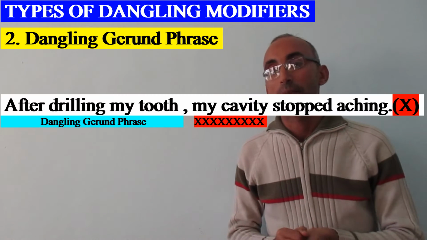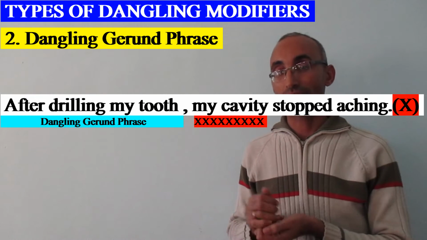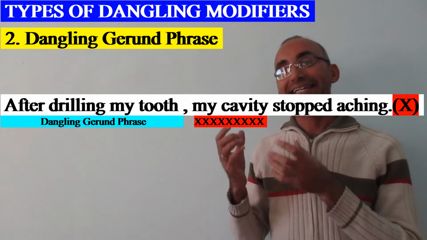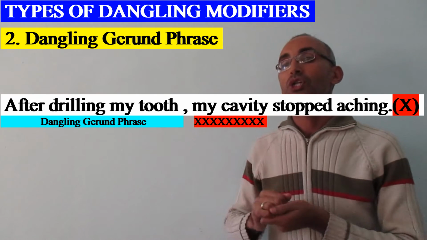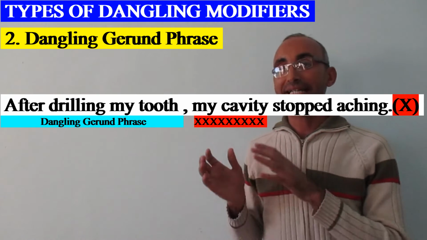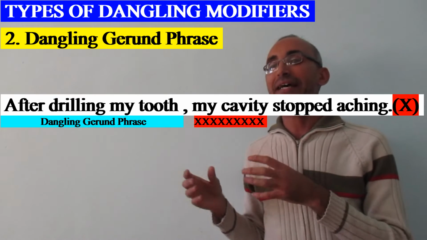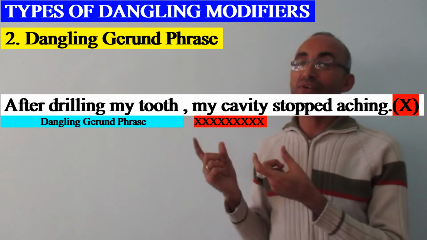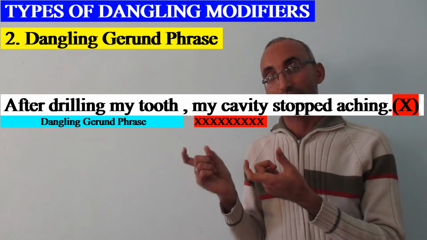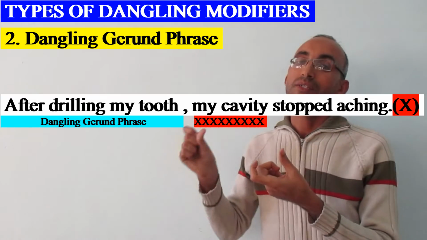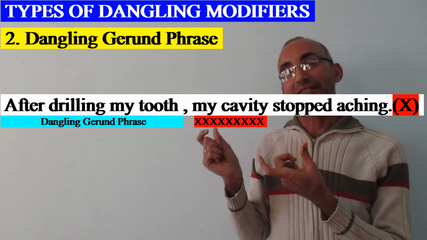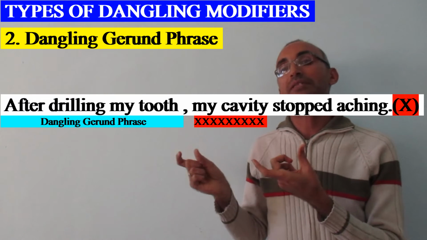After drilling my tooth, drilling means making a hole, comma, my cavity, emptiness space, stopped aching. Normally I must find the subject which is related to drilling. It's a person normally, not a space, emptiness, or an object.